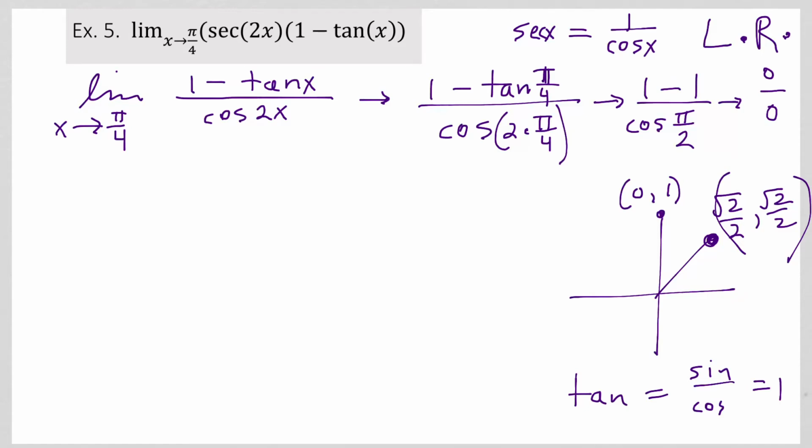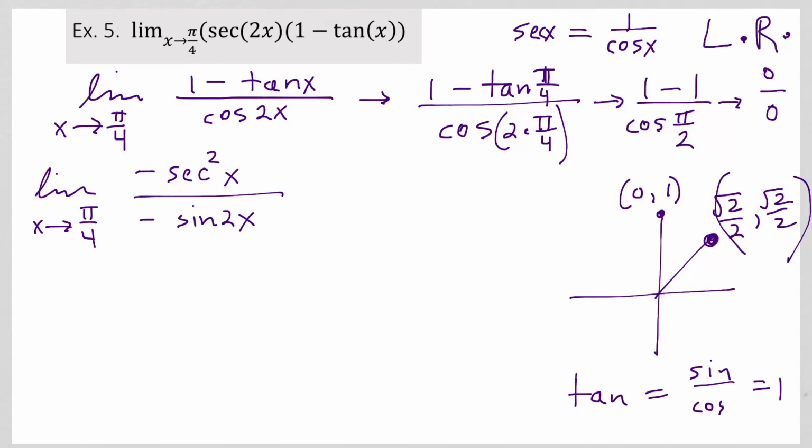So from this point, we want to find the first derivative of this and the first derivative of this. So we can say this is equal to the limit as x approaches pi over 4 of derivative of 1 is 1. So this would just be minus the secant squared of x. And the derivative of the cosine is the negative sine of 2x times 2 using the chain rule.